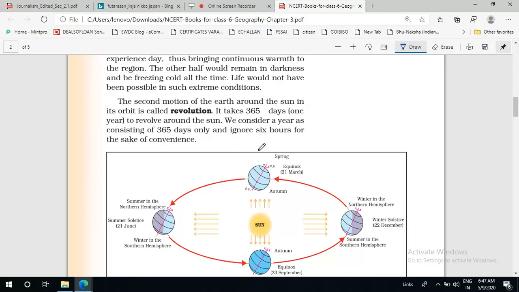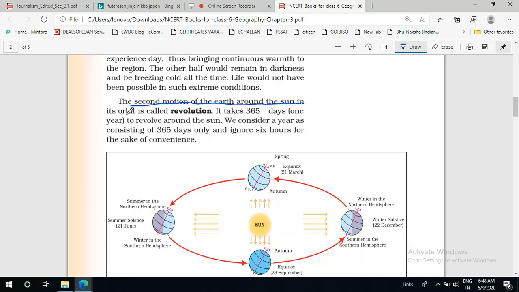Planets are the celestial bodies which move around the sun, and Earth is also a planet. So Earth also moves around the sun. It keeps moving around the sun, and this type of movement is called revolution.